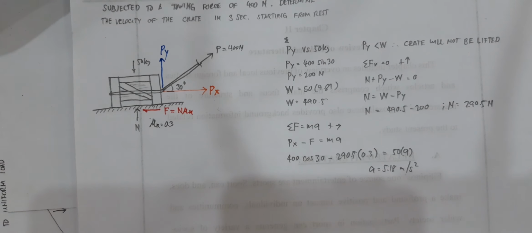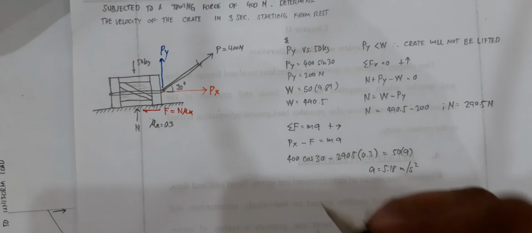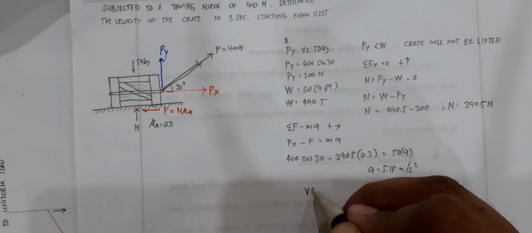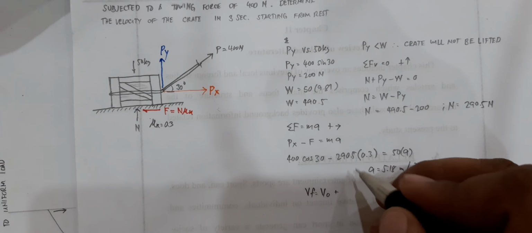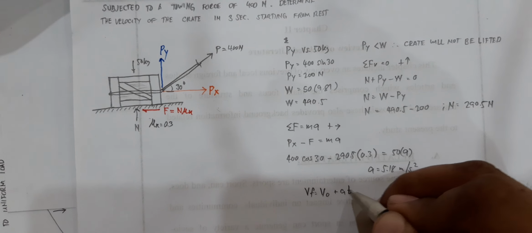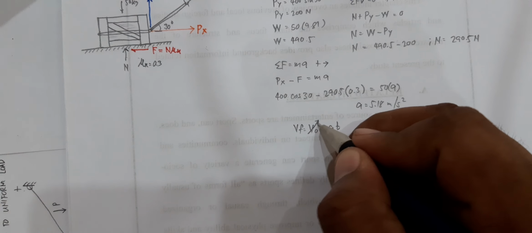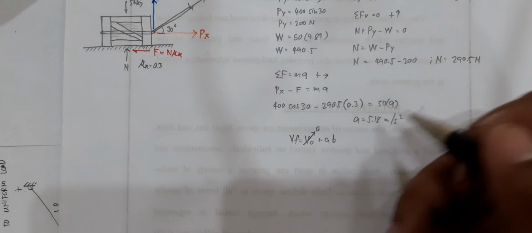Now, we are looking for the velocity after 3 seconds. So that would be what? From our previous discussion, final velocity is equal to initial velocity V0 plus a times t. Okay? So initial velocity is basically 0 since it starts from rest.